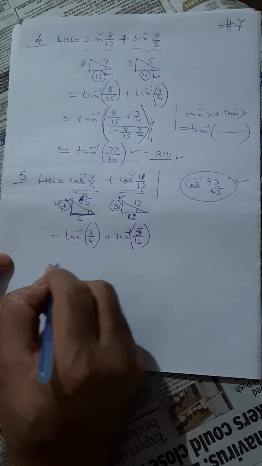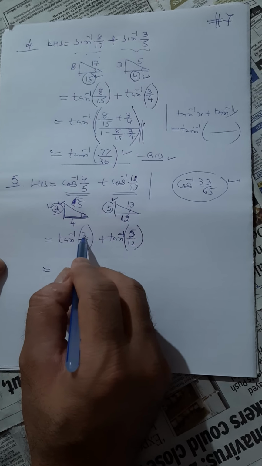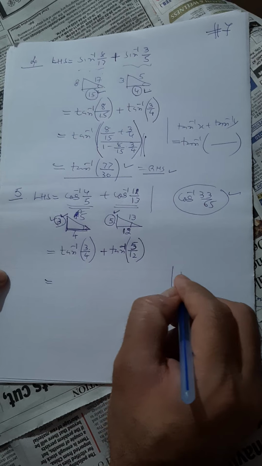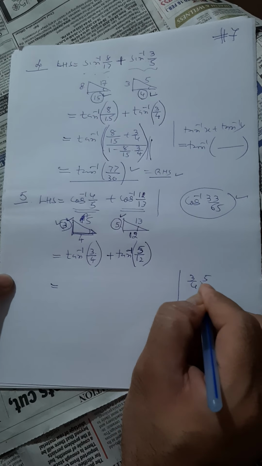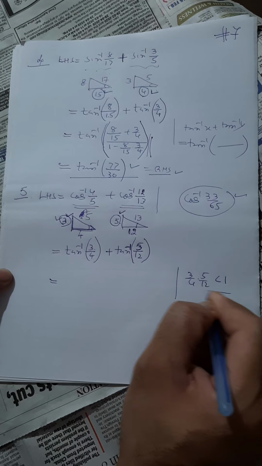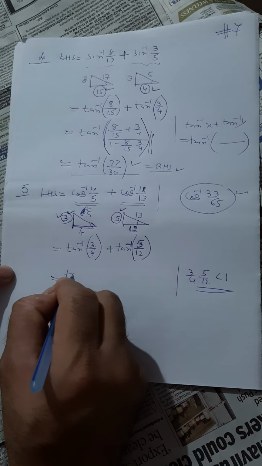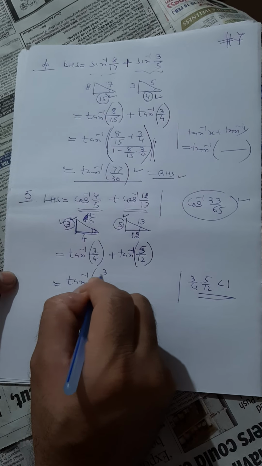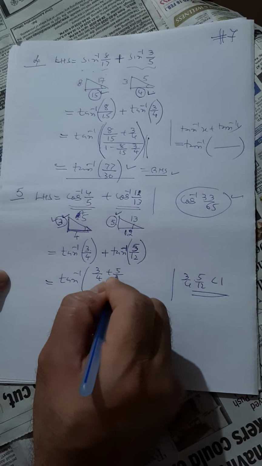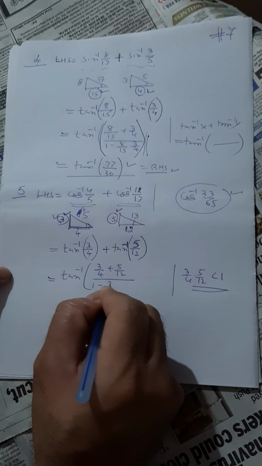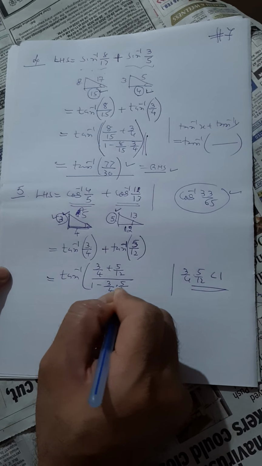Now let's use that formula. 3 by 4 into 5 by 12 is again less than 1. This product will be less than 1, so we use that formula: tan inverse of x plus y upon 1 minus xy. So this equals tan inverse of 3 by 4 plus 5 by 12 upon 1 minus 3 by 4 into 5 by 12.